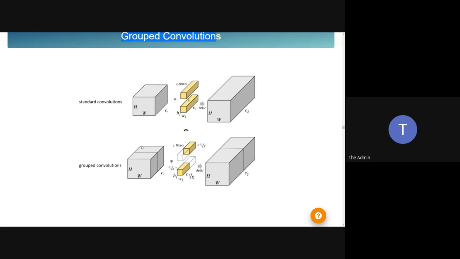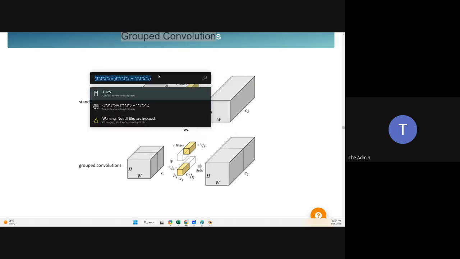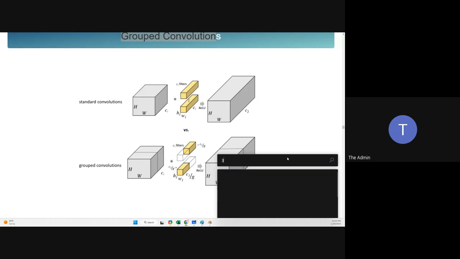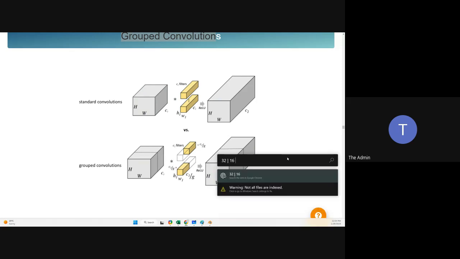Let's say the total number of channels was 32 in the beginning. In the 2 group scenario, how many channels will we have in each group? 16. Right? And now I can convolve this by a 3 cross 3, and I can convolve this by a 5 cross 5.